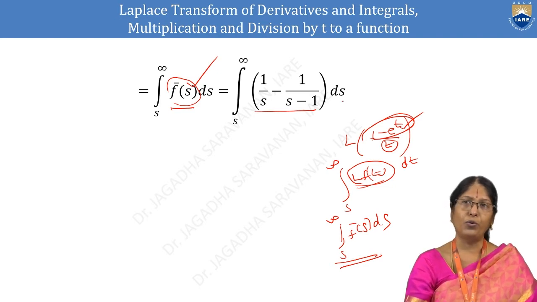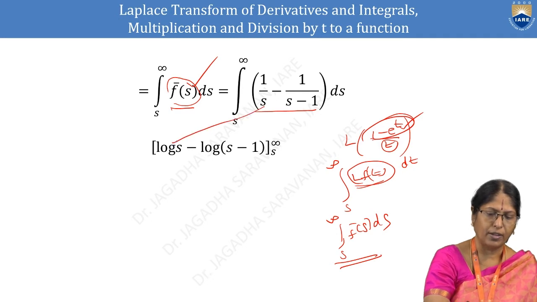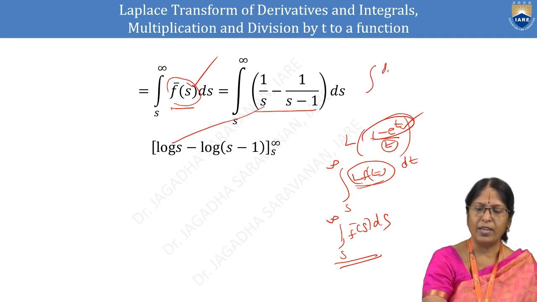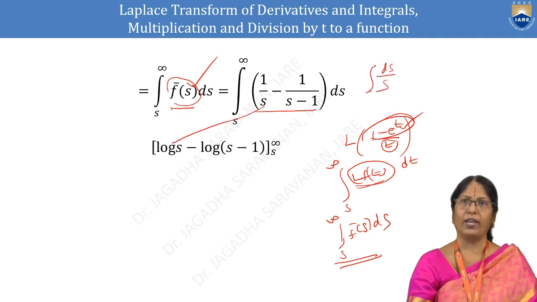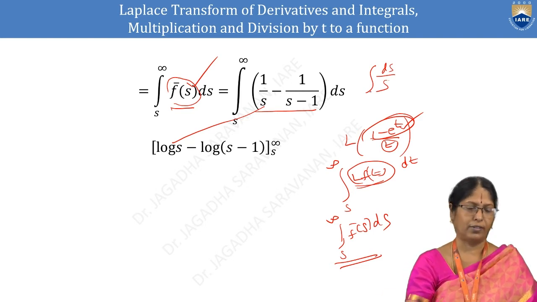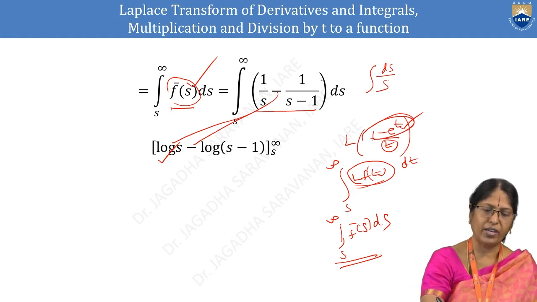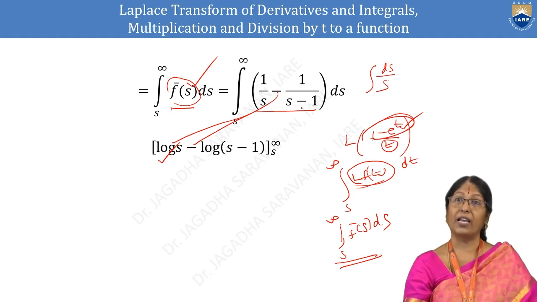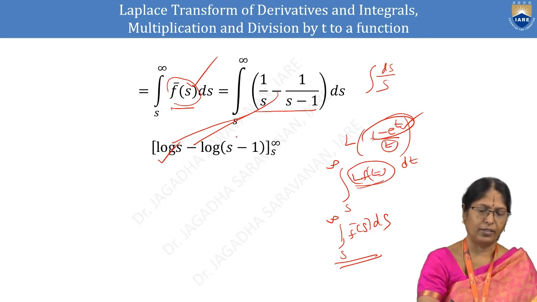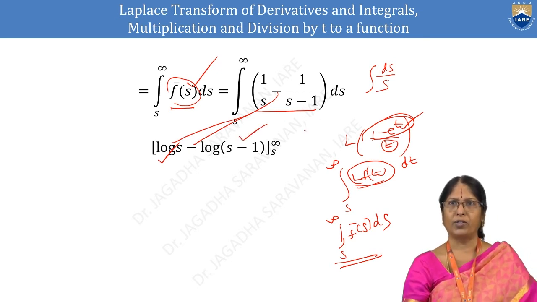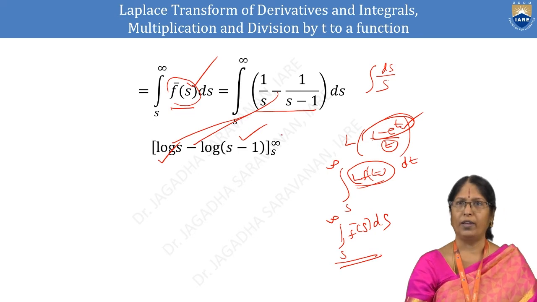Now we have to do the integration. The integral of ds by s, we know, is log s. This minus is here. Now the integral of ds by s minus 1 is log of s minus 1, from s to infinity.